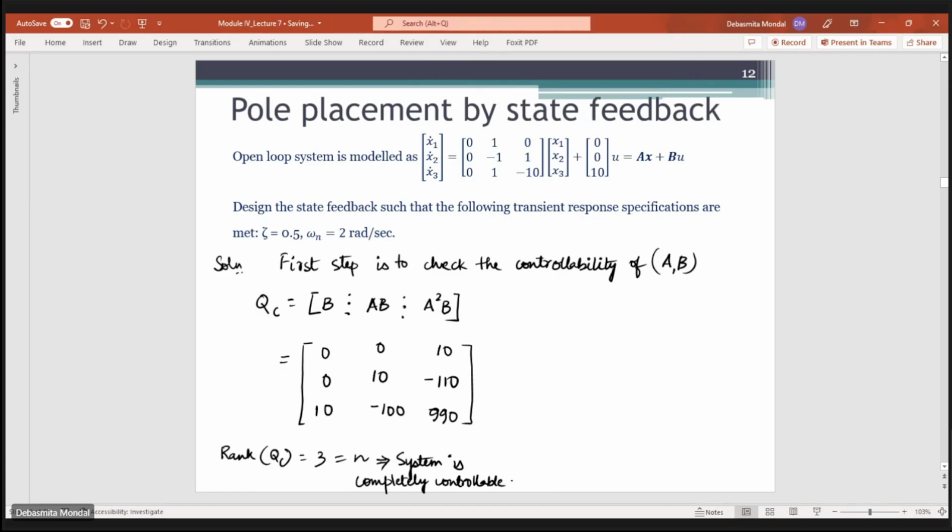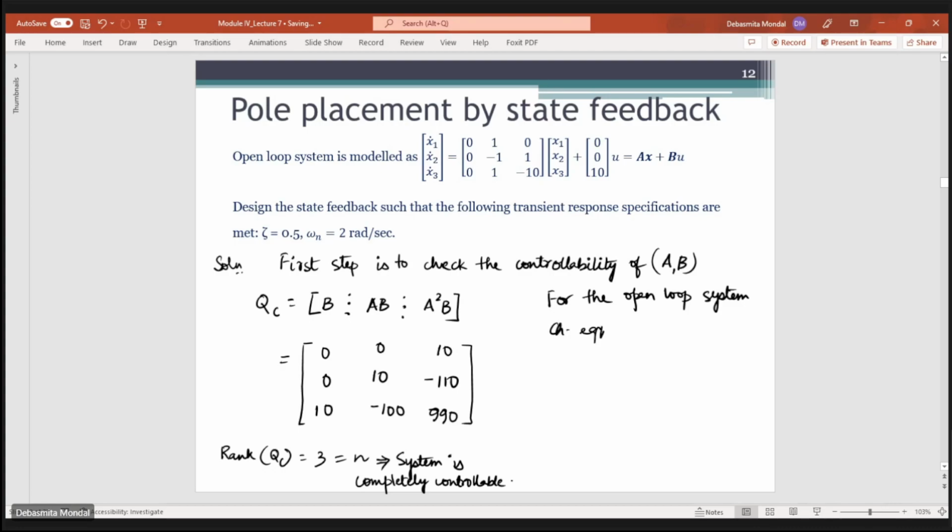Now, once you know that the system is completely controllable, you can design a state feedback according to the given specifications. For the open loop system, you can write the characteristic equation.